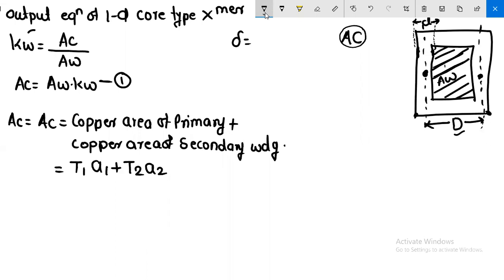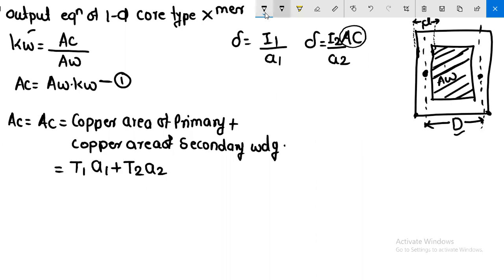So for the current density for the primary side, that is nothing but I1 divided by the primary area A1. Then for the secondary, that is the current I2 divided by A2.